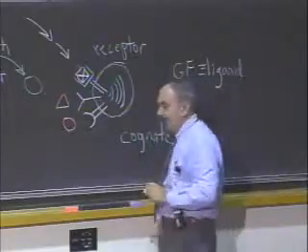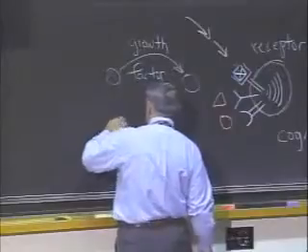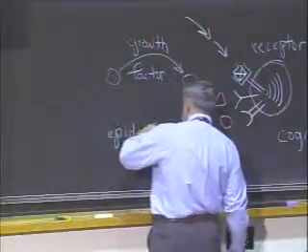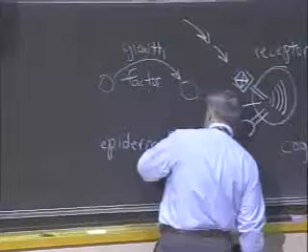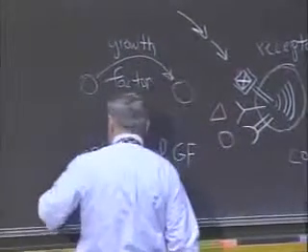So, for example, there's a growth factor that we'll talk about shortly. It's called epidermal growth factor, and I'll just abbreviate GF for growth factor. There's another growth factor that's called platelet-derived growth factor.